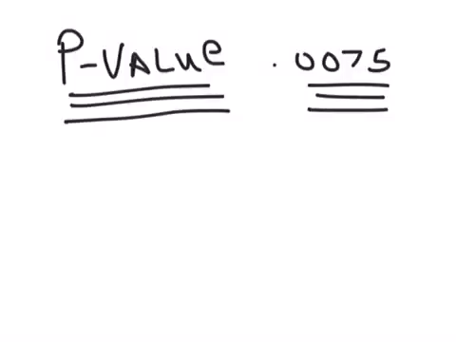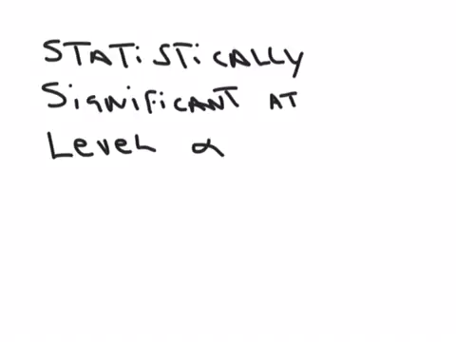Now here's another thing. How low does it have to be for us to reject the null hypothesis and go with the alternative hypothesis? Well, a lot of times when we do a statistical test like this, there's something called alpha.